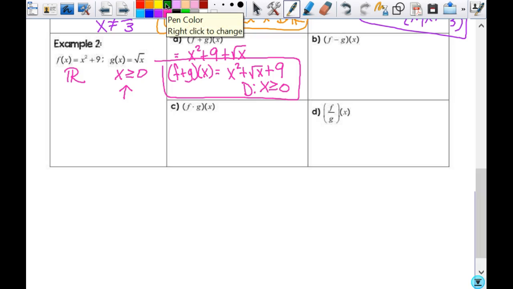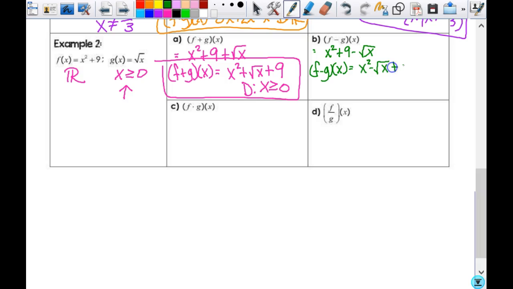Okay, everybody okay with that? All right, so then f minus g, that's going to give me x squared plus 9 minus the square root of x. So f minus g of x is x squared minus the square root of x plus 9. And my domain is what? x has to be greater than or equal to 0.